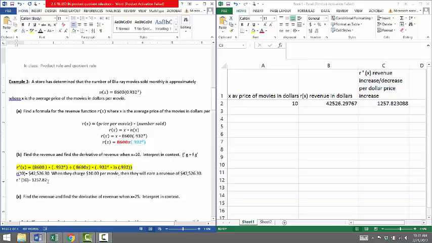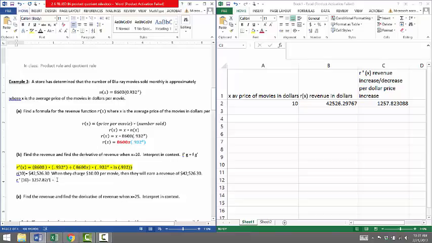Now remember, this is actually a slope. It's this number over 1, where the numerator is the change in y and the denominator is the change in x. In this case, the numerator is change in revenue. The denominator is change in price of the movies.